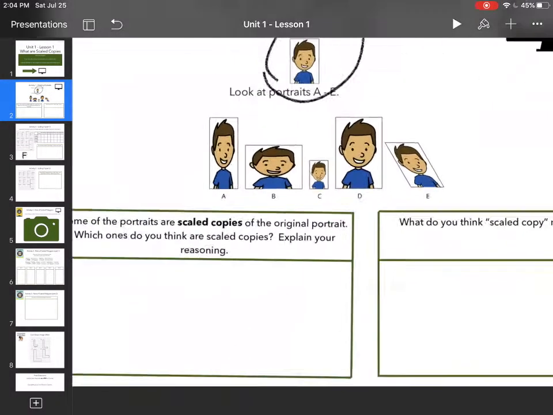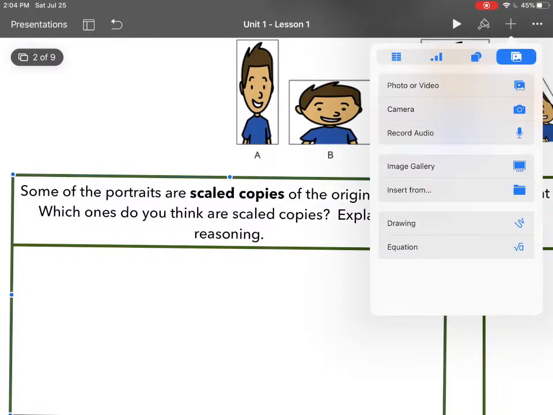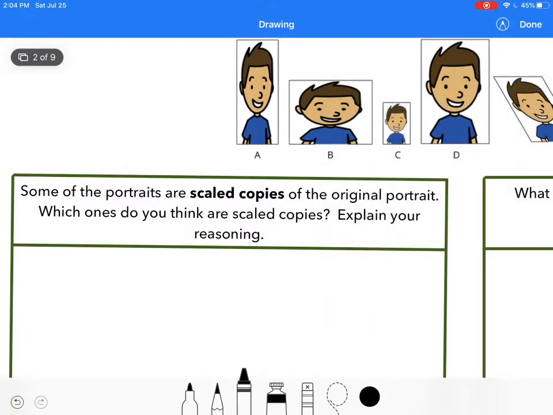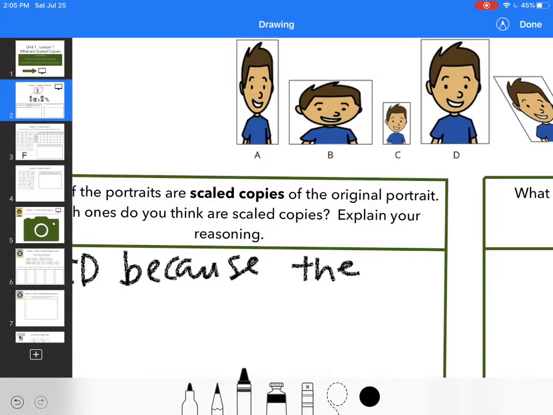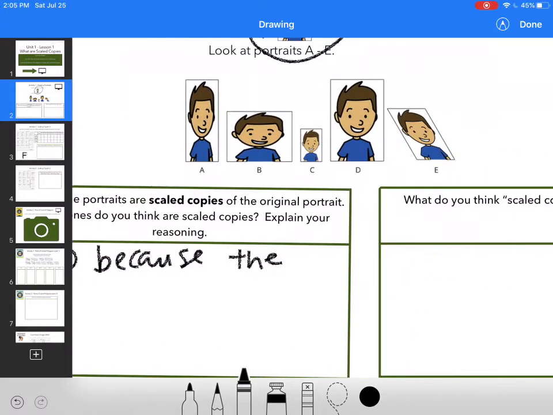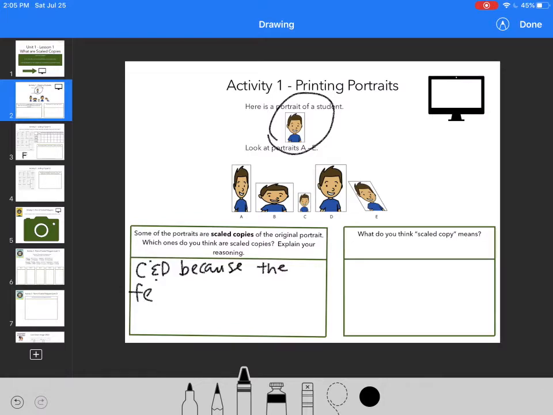So it says, which ones do you think are scaled copies? So I think C and D are scaled copies because the features grow and shrink at the same rate.